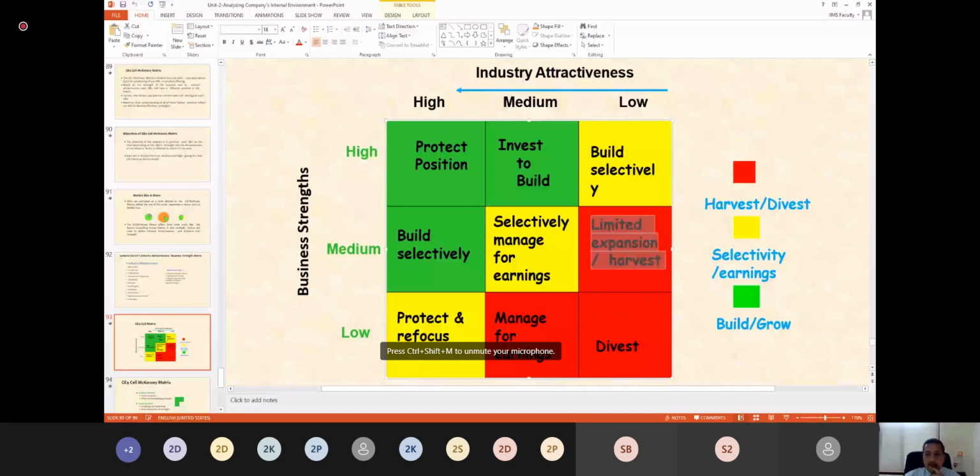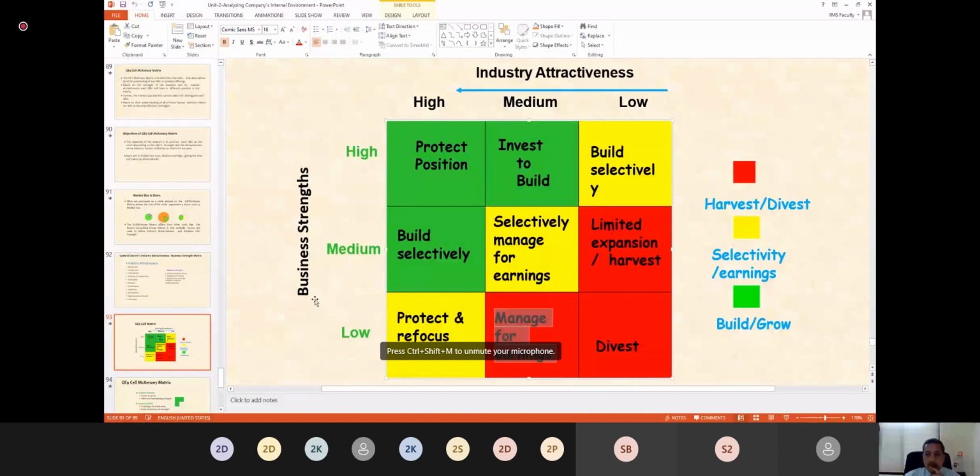Another category which we can discuss is the category wherein the industry attractiveness is medium. Industry is attractive, however, there are not many opportunities. So we have medium attractiveness, and the business strengths for this category are very less.